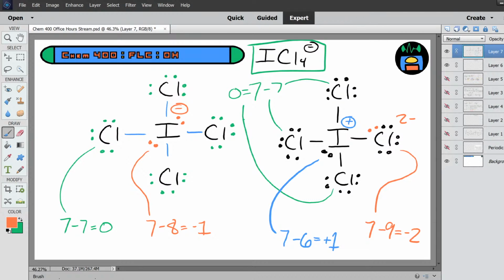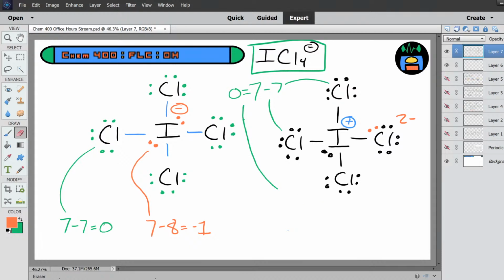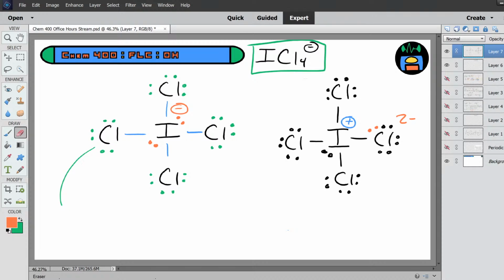All right. So when you compare these structures, let's compare these two structures. And again, we didn't even move the second lone pair away from iodine. We just moved the location of one lone pair.